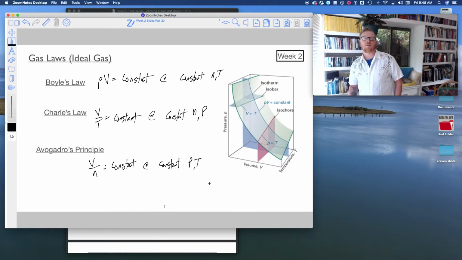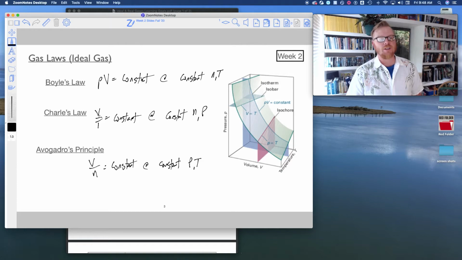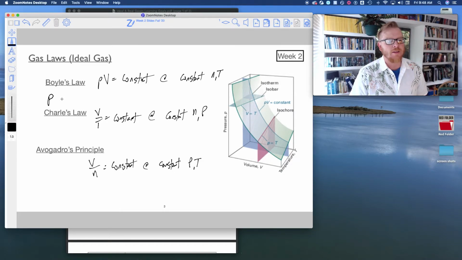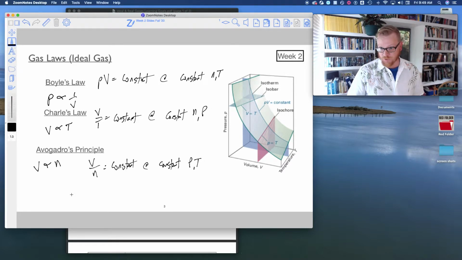Okay, so now what do all of these mean? Well, we could rearrange this algebraically, and really Boyle's law says that P is proportional to 1 over V, of course at constant T. Charles' law says V is directly proportional to T at constant N and P. And of course, Avogadro's principle says volume and number of moles are directly proportional to each other as well.